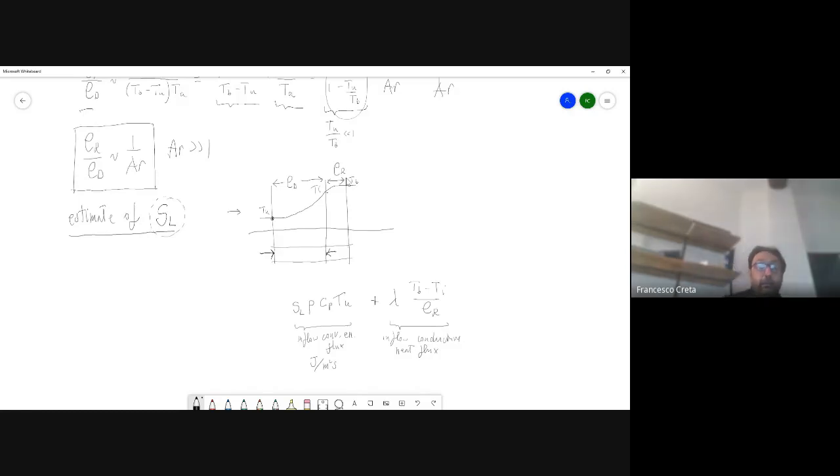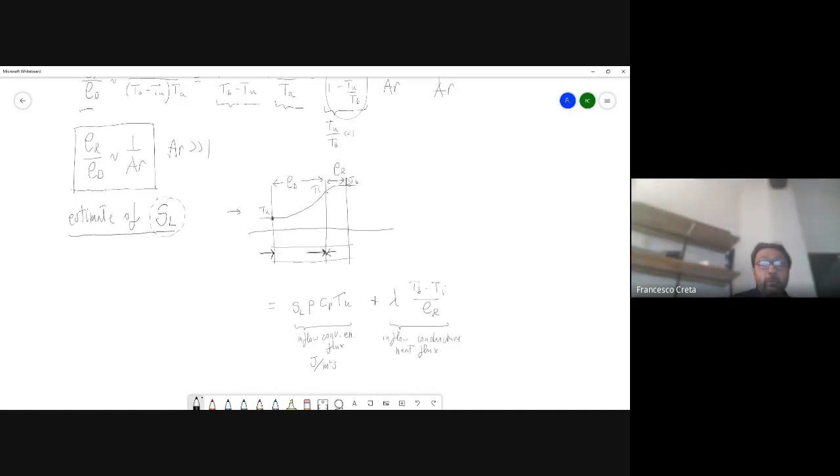Now we have to equate. Let me put this on the left-hand side. We have to equate this to the outflow energy flux. And the only outflow energy flux here is the convective energy flux that is exiting the preheat zone, at the end of the preheat zone over here.